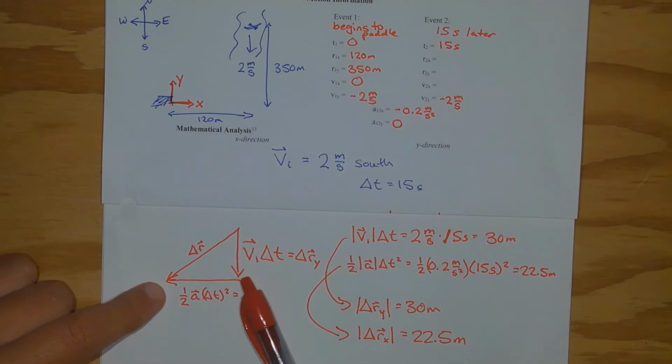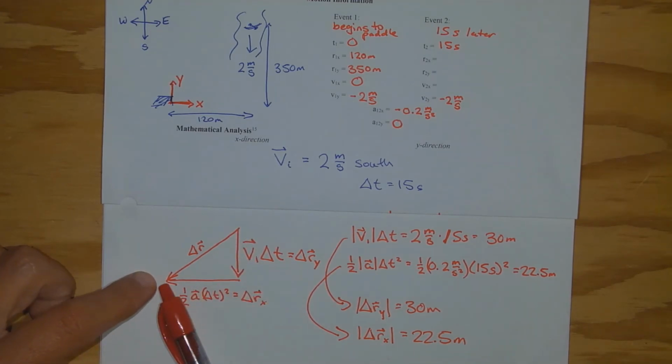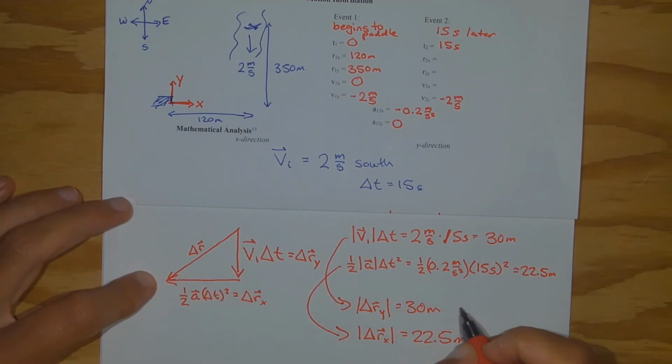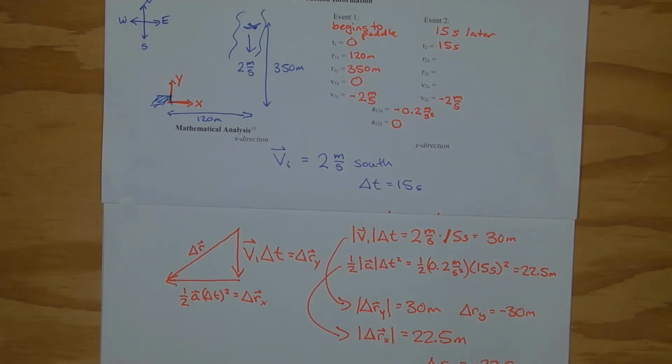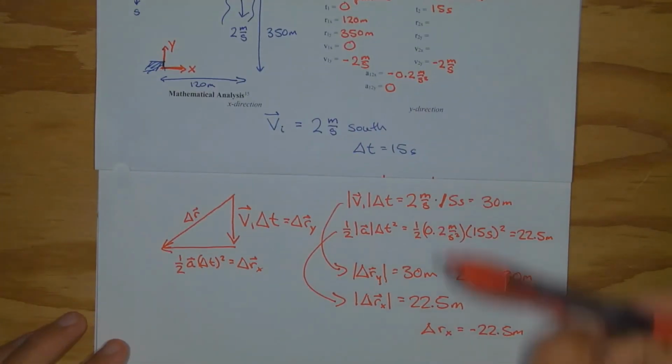But this is pointed in the negative y direction, and this is pointed in the negative x direction. So I have delta ry is equal to negative 30 meters, and delta rx is equal to negative 22.5 meters. Now, if you had put the origin at the initial position for the kayaker, you would be done at this point. You just take these values and put them in the table.